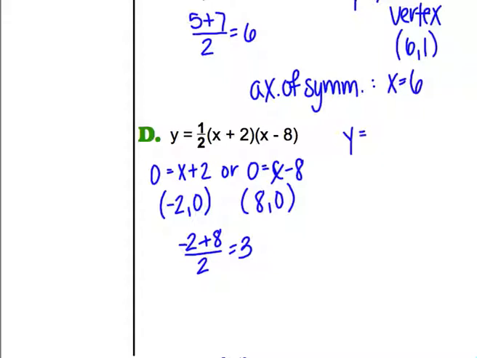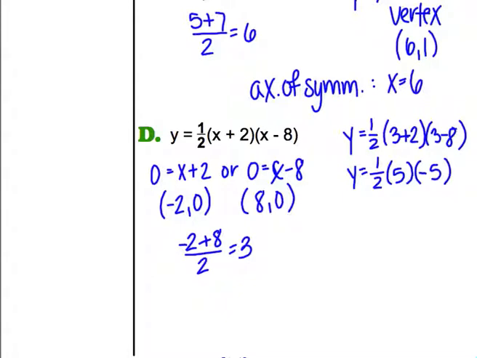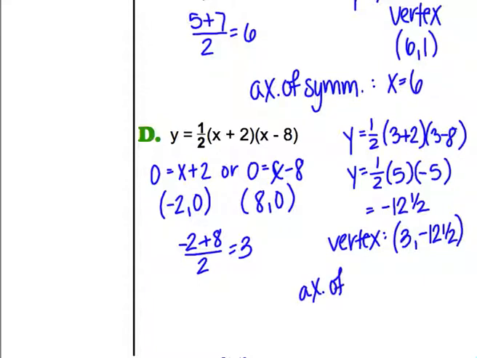Now I take y equals 1/2 times (3 plus 2) times (3 minus 8), and we get y equals 1/2 times 5 times negative 5. This doesn't come out very pretty, but it is negative 12 1/2. So my vertex is (3, negative 12 1/2), or negative 12.5. My axis of symmetry is x equals 3.